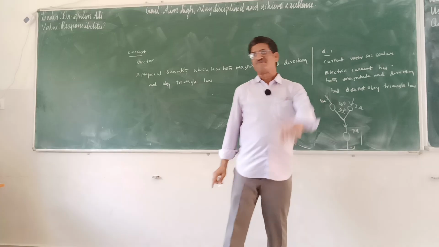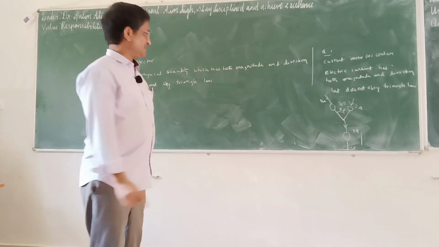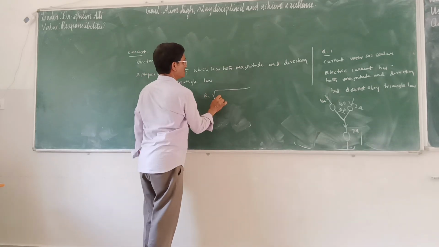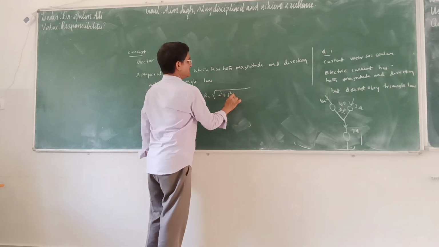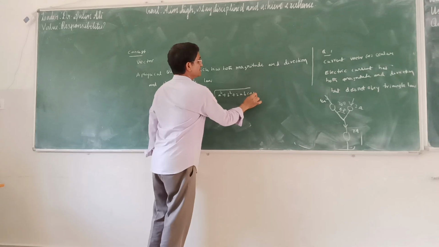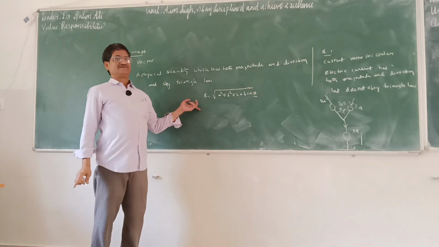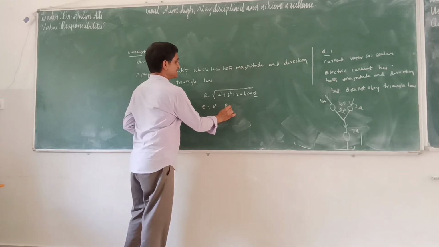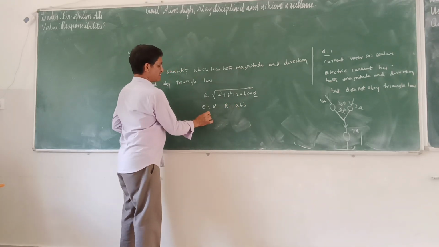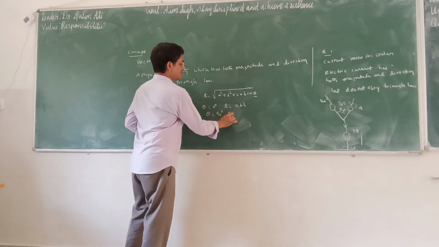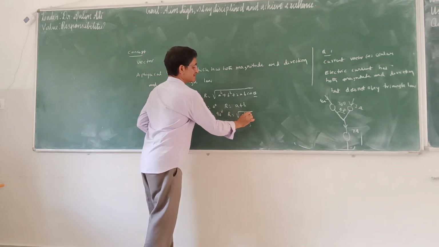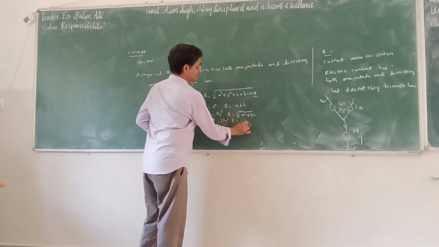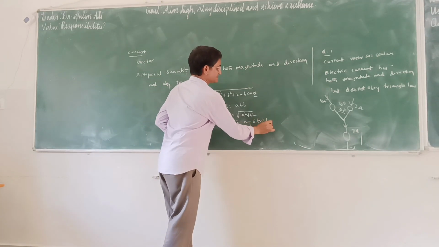Obeying the triangle law means the resultant vector is root of a square plus b square plus 2ab cos theta. If theta changes, the answer will change. Suppose theta is equal to 0, the answer is a plus b. Theta equal to 90 degrees, the answer is root of a square plus b square. Theta equal to 180 degrees, the answer is either a minus b or b minus a.